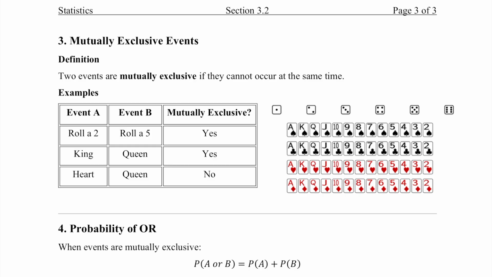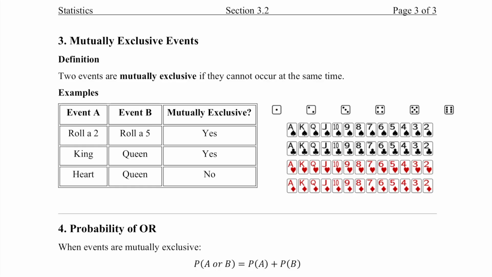In our last lesson, we worked with independent events and probabilities involving the word and. Today, we are going to look at a different situation. Instead of asking whether two events occur together, we are going to ask whether one event or another event occurs.